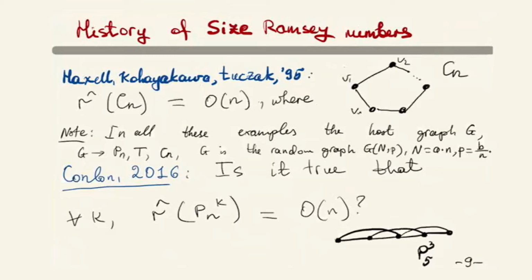And then I don't know what happened. For about 20 years, size Ramsey numbers were not studied that much. And then David Conlon at a workshop asked the question, what about powers of paths? So what's the power of a path, or the power of any graph?